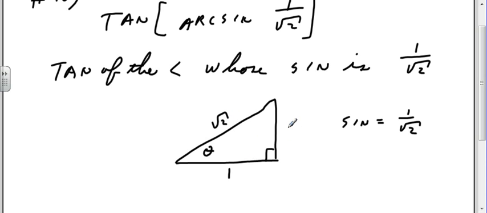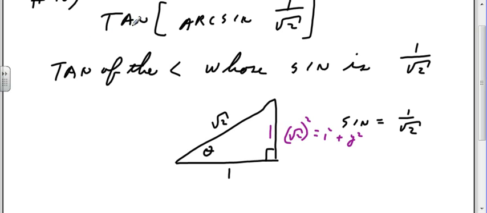Now, if this side is 1 and the hypotenuse is the square root of 2, what is the other side? Square root of 2 squared is equal to 1 squared plus the other side, we'll call it y, squared. 2 is equal to 1 plus something. So this side has to be 1 as well.